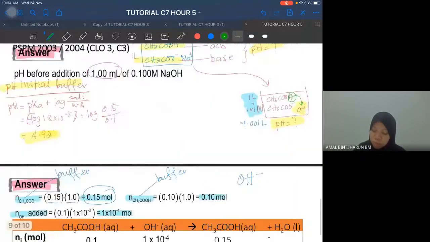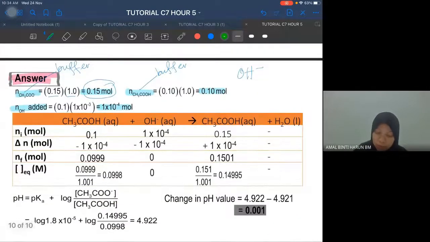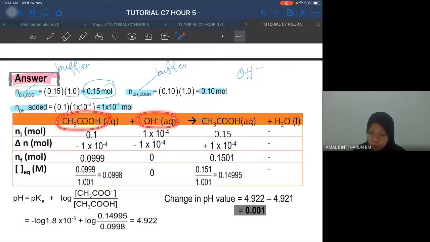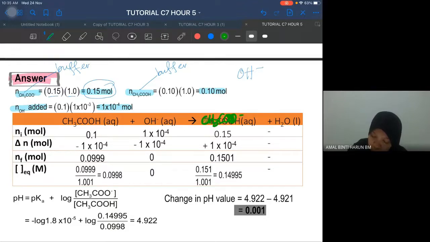So, sebab tu kita tulis acid komponen akan neutralize OH minus. Ni akan keluarkan this one kan. So, ini akan jadi CH3COO minus.